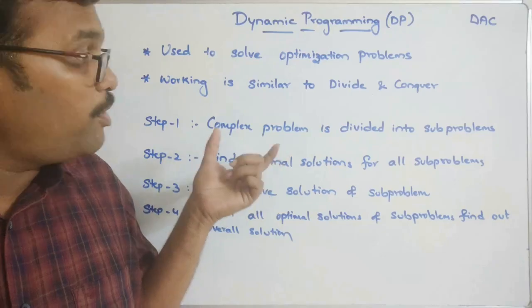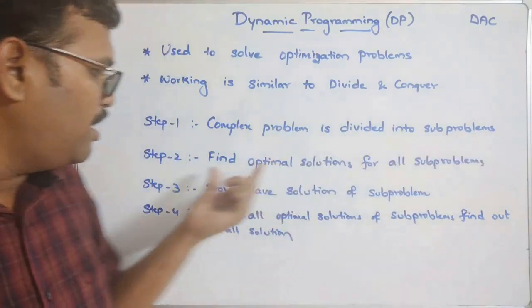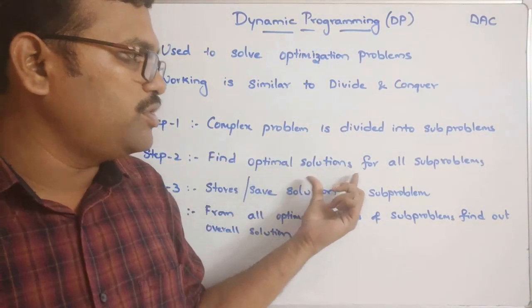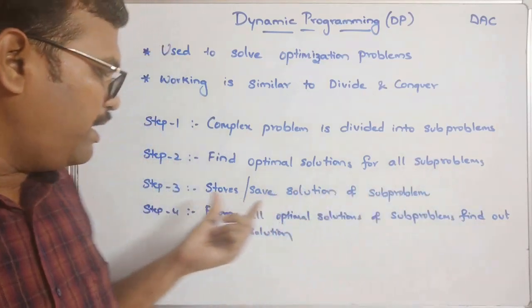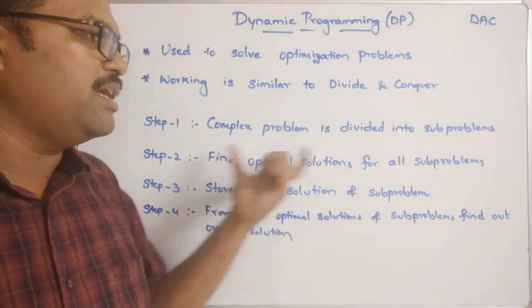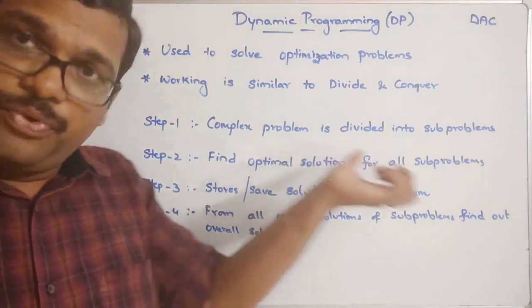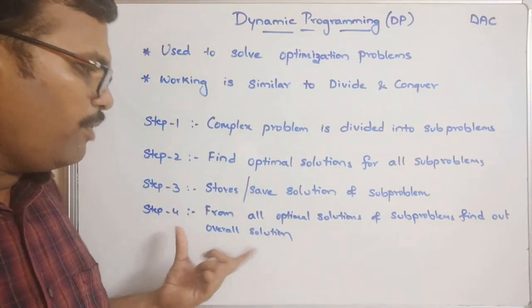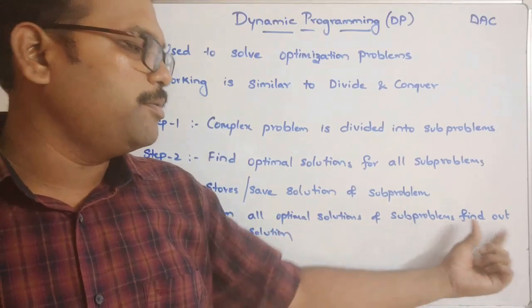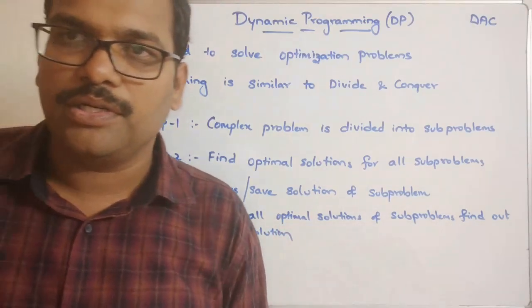First, the complex problem is divided into sub-problems. Second, find the optimal solutions for all the sub-problems. Third, store each solution of the sub-problem for future reference. And step 4, from all optimal solutions of the sub-problems, find out the overall solution.